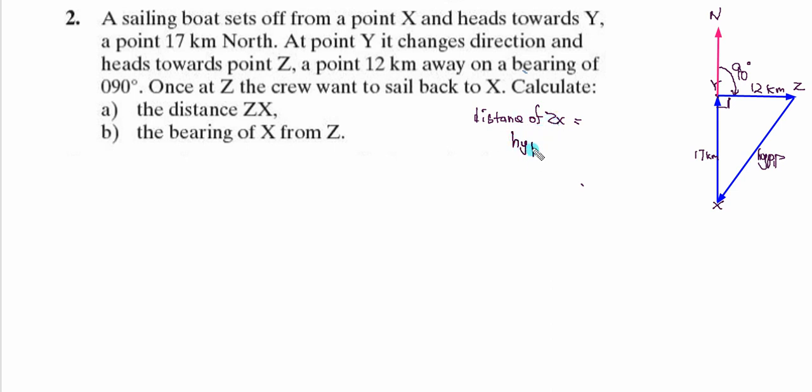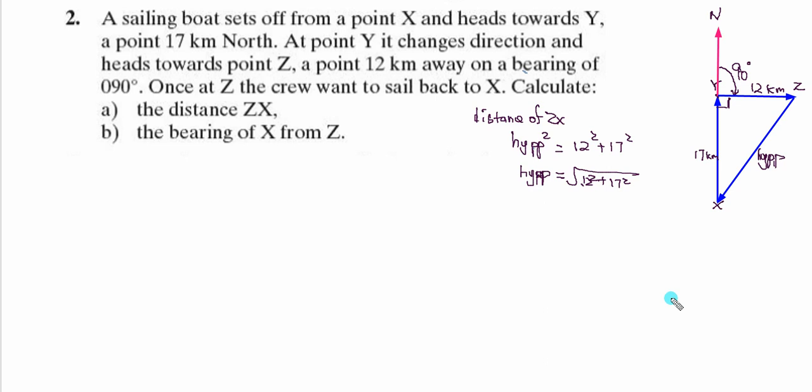Hypotenuse squared is equal to the sum of the squares of the two shorter lengths. So it's 12 squared plus 17 squared. So the hypotenuse equals the square root of 12 squared plus 17 squared. You need to use the calculator.